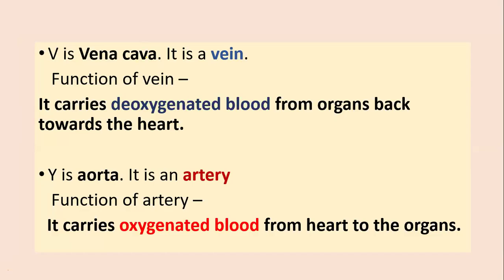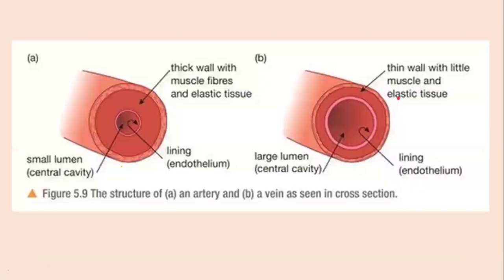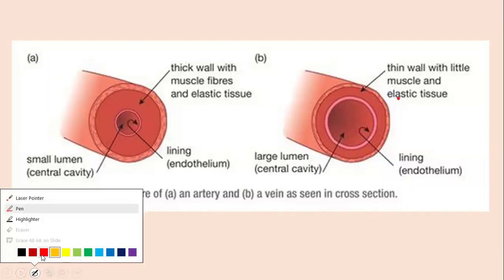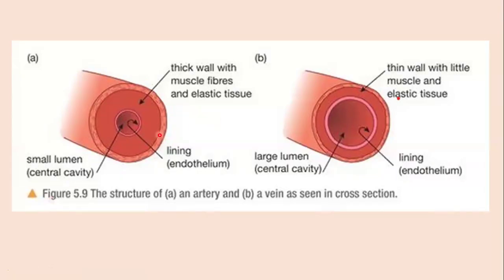So we have to write the structural differences between a vein and an artery. See, this is an artery. An artery carries oxygenated blood from the heart to other organs.